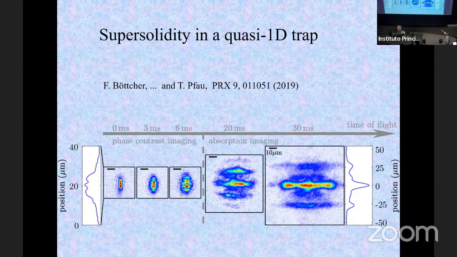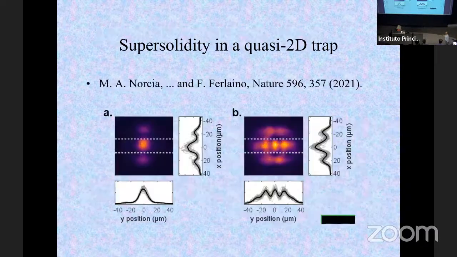This paper, 2019, three papers were published in 2019. If you expand and plot the linear density, it is like this, three droplets. And once it is large, they separate. You can really see after expansion, three droplets separated.